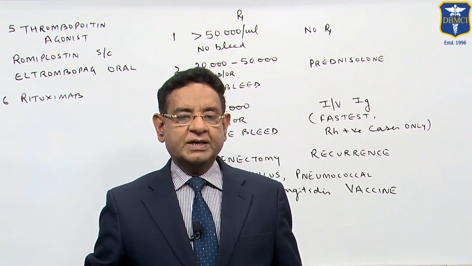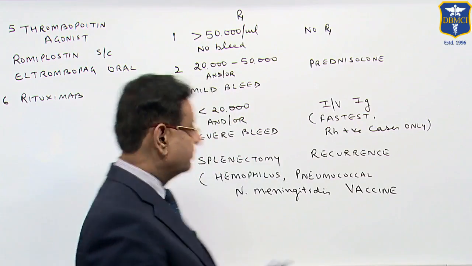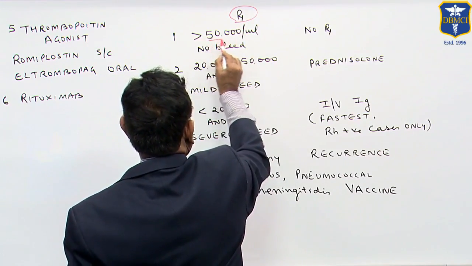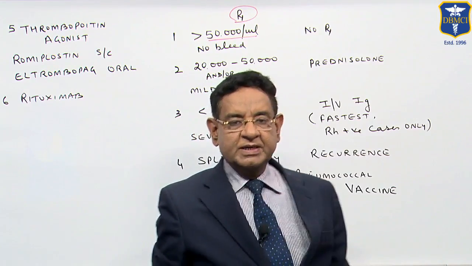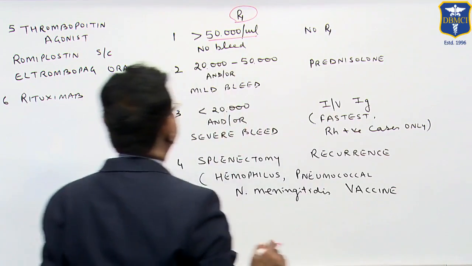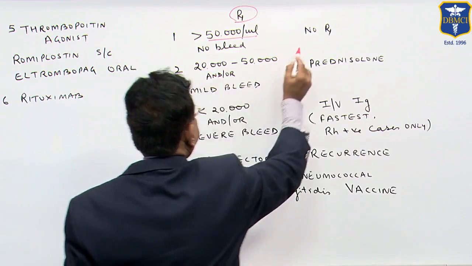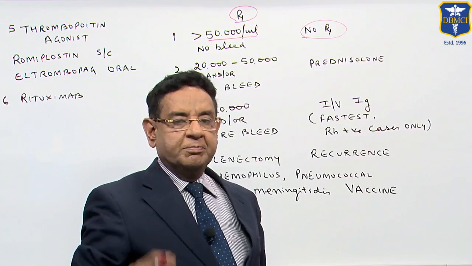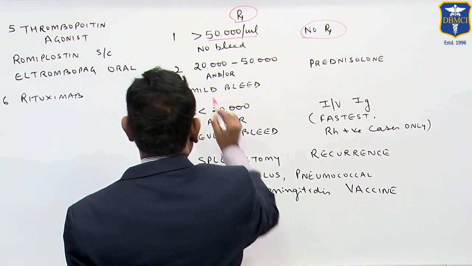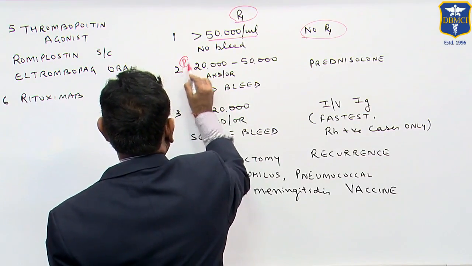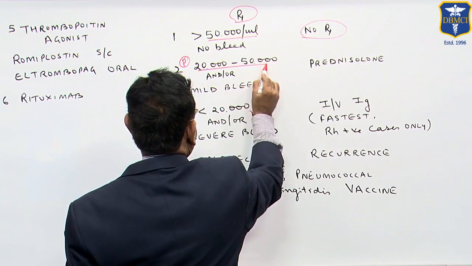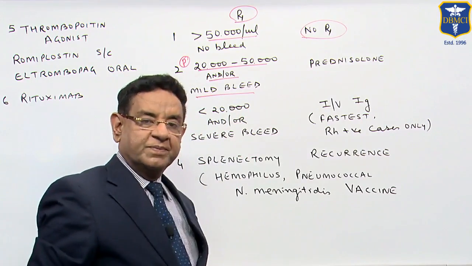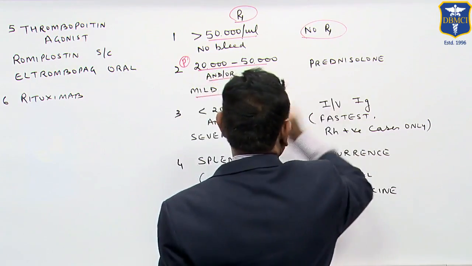Now let's talk about the treatment part. If the platelet count is above 50,000 per microliter and there is no bleeding, then these patients do not need any treatment. But if the platelet count is 20 to 50,000 and or mild bleeding is there, you have to give prednisolone.